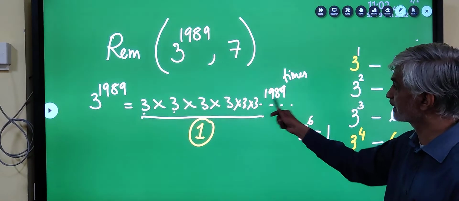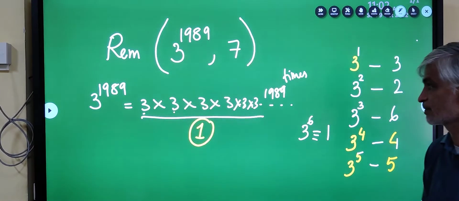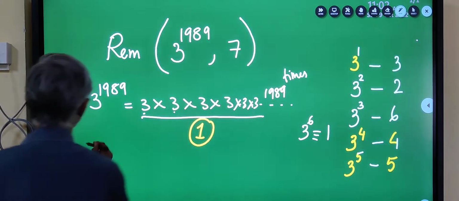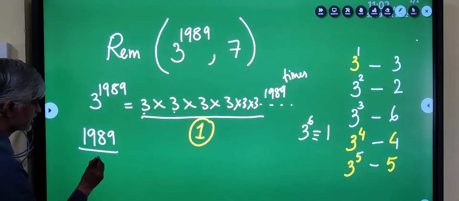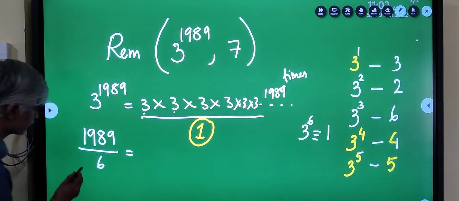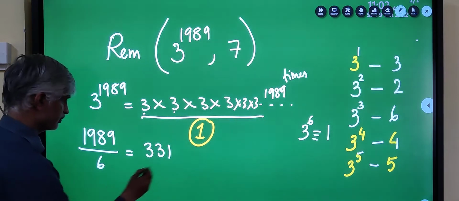So we will make 1989 into groups of 6. How will we do that? So let's actually divide 1989 by 6, and we get quotient of how much? 331.